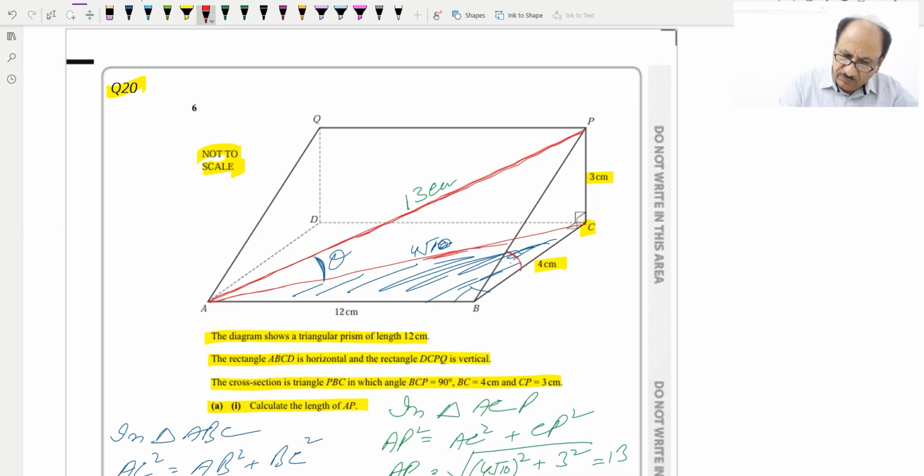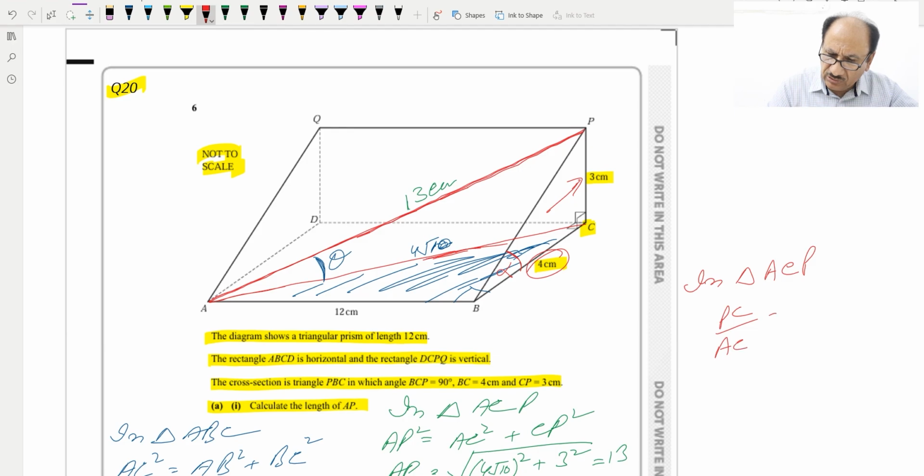This angle is PBC. We can take this as alpha. We have opposite, we have adjacent also. So in triangle ACP, we can write basically PC over AC is equal to tan of alpha.